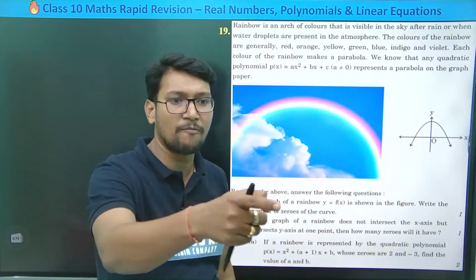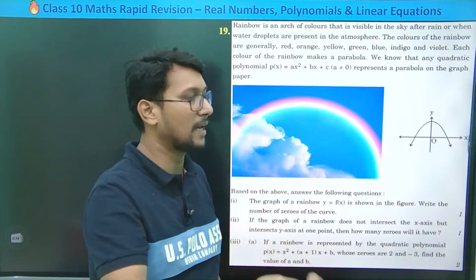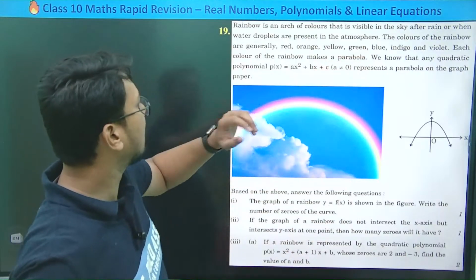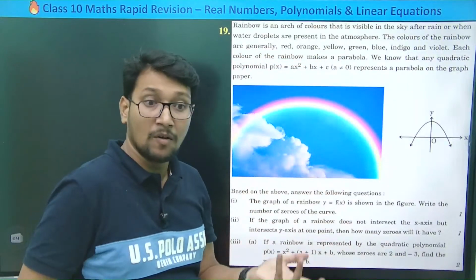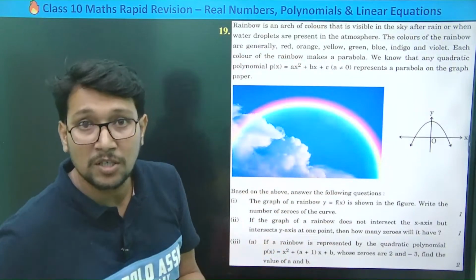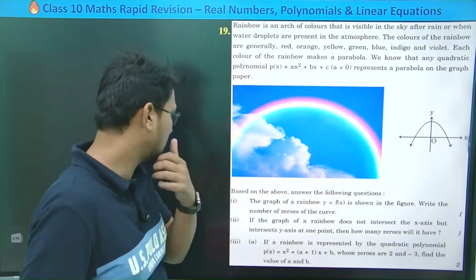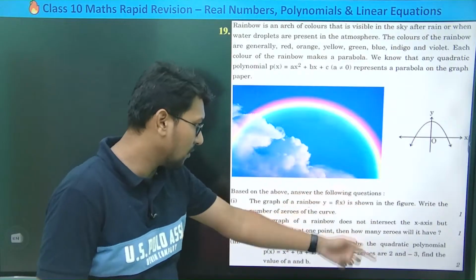A parabola is the graph of a quadratic polynomial, which can be written as ax square plus bx plus c, where a is not equals to 0. Based on the above, answer the following questions.